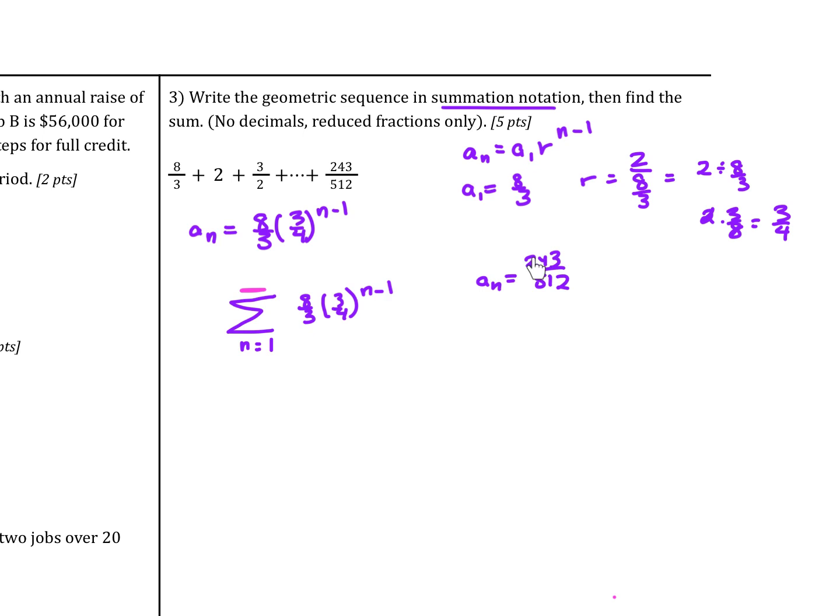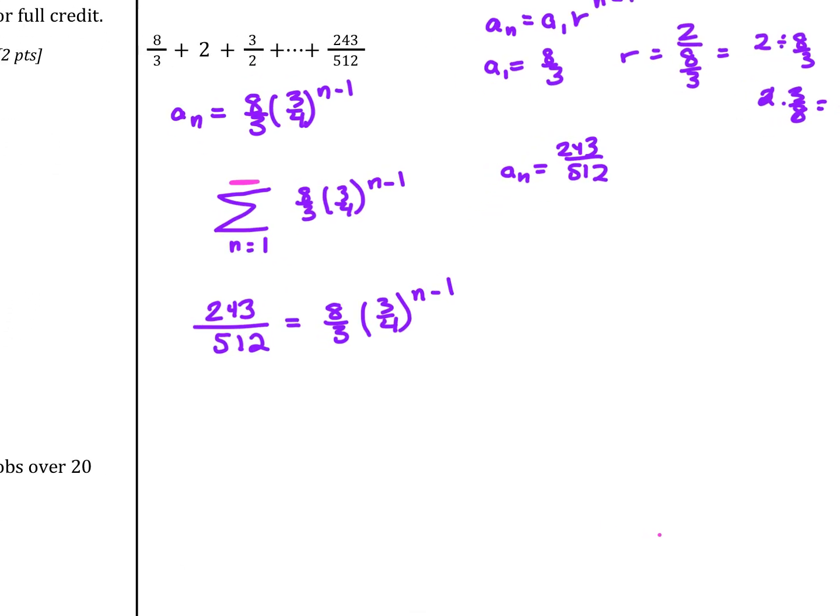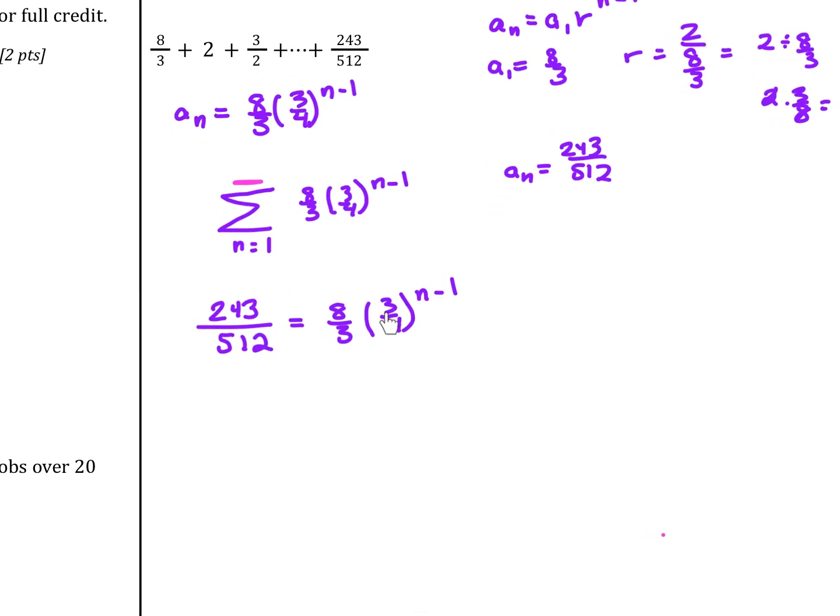So I'm going to take 243 over 512 and set it equal to the equation and see if I can find n. So 243 over 512 equals 8 thirds times 3 fourths raised to the n minus 1. So first what I want to do is isolate the exponential on the right. So I'm going to multiply by the reciprocal 3/8 to both sides.